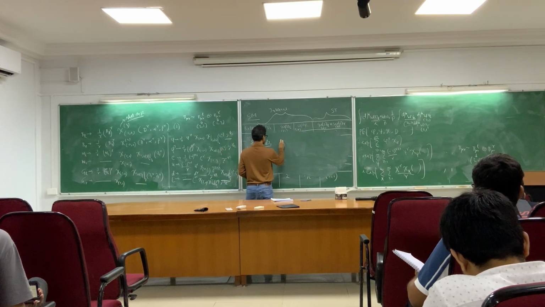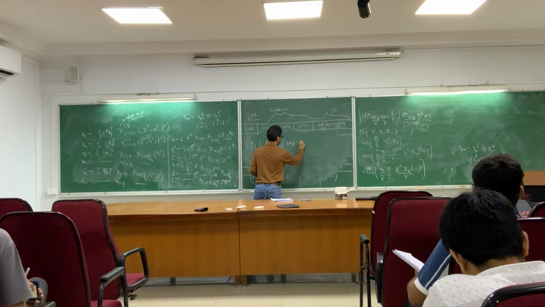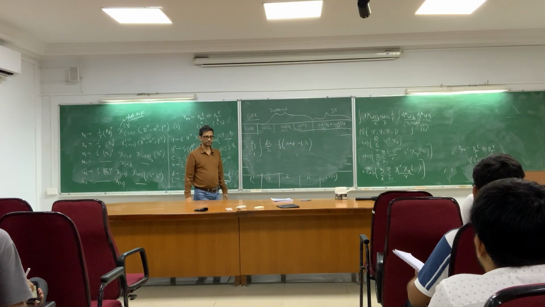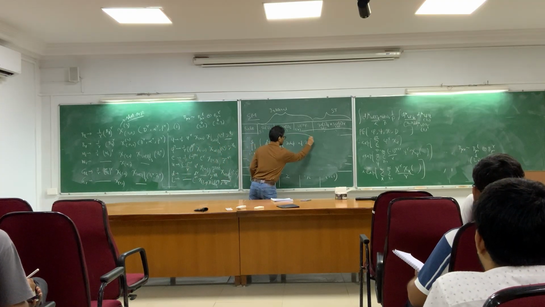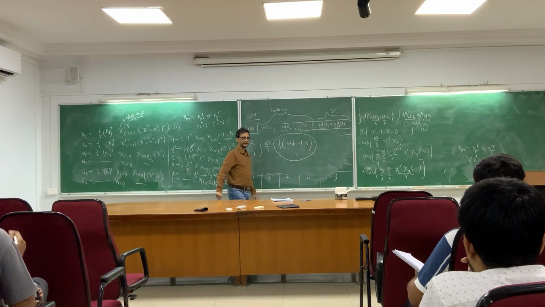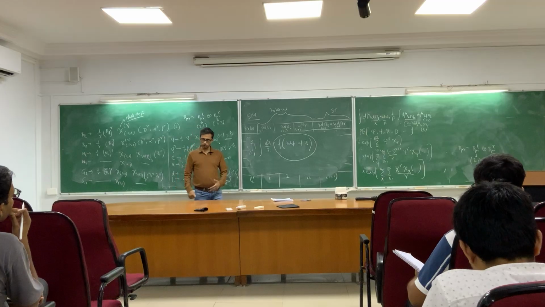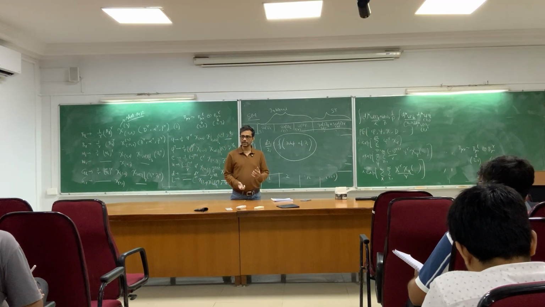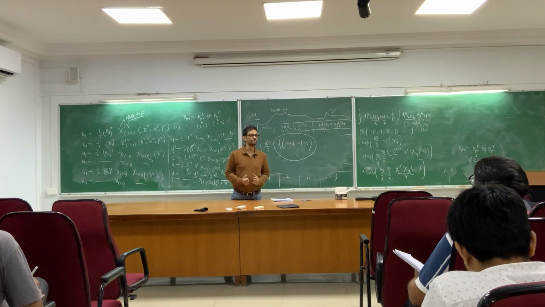Some function independent of zi, and this will give me the invariant operators, and those operators which are not related to each other by the equation of motion and integration by parts.